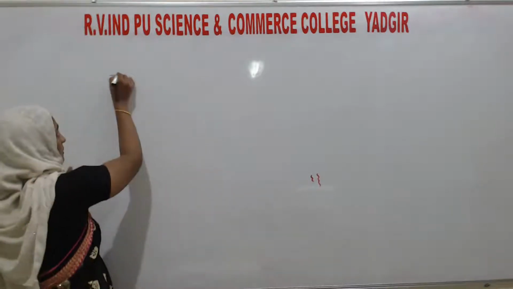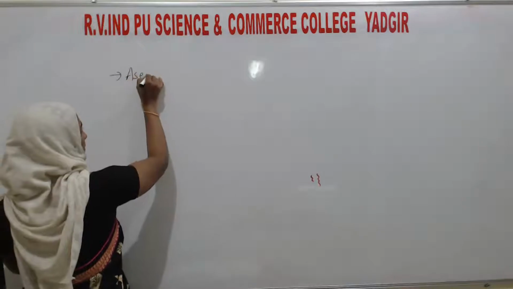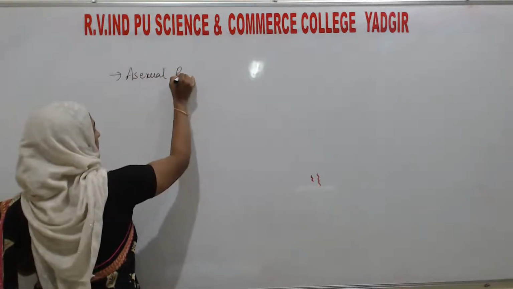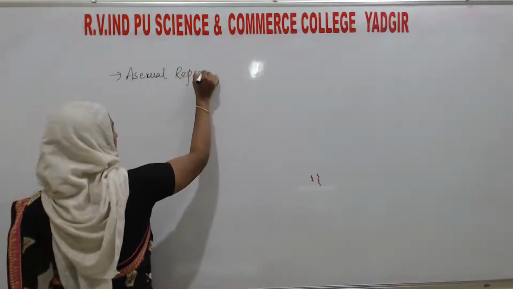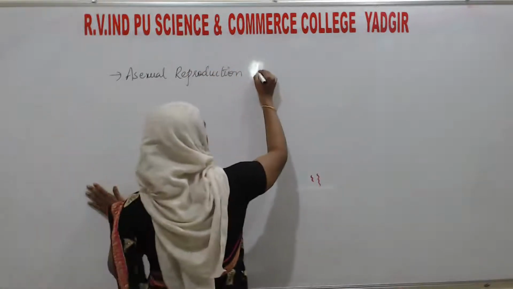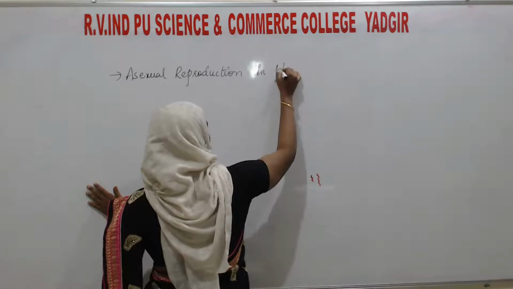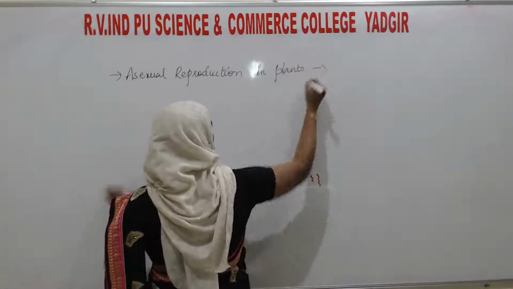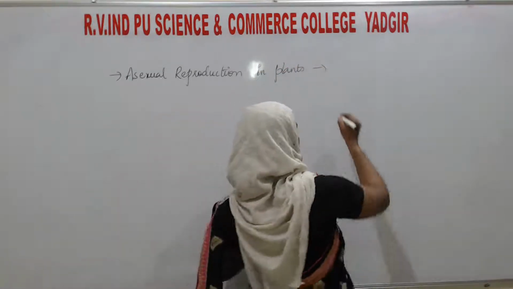Asexual reproduction in plants is also termed vegetative propagation.